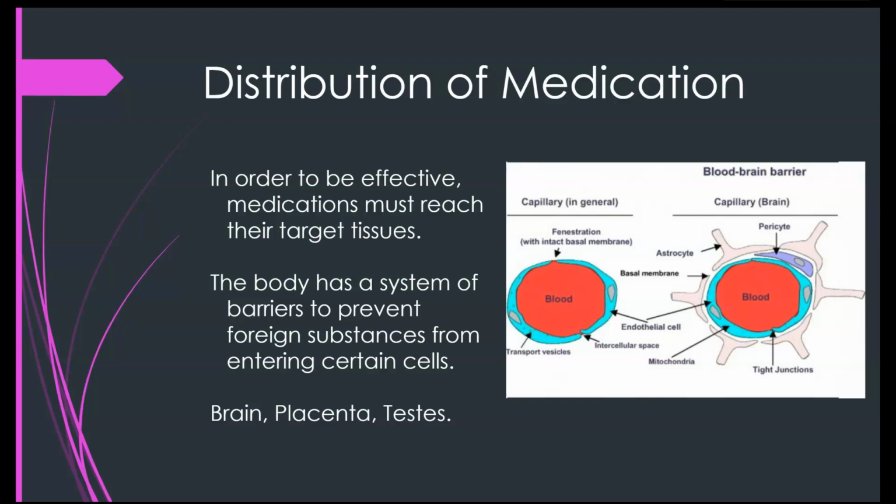The placenta is also, there's a placenta blood barrier as well, right? Because your body's doing a really good job of trying to keep this growing baby safe. Testicles as well, right? We want to make sure that we don't affect the spermatocytes and therefore create weird mutated babies.